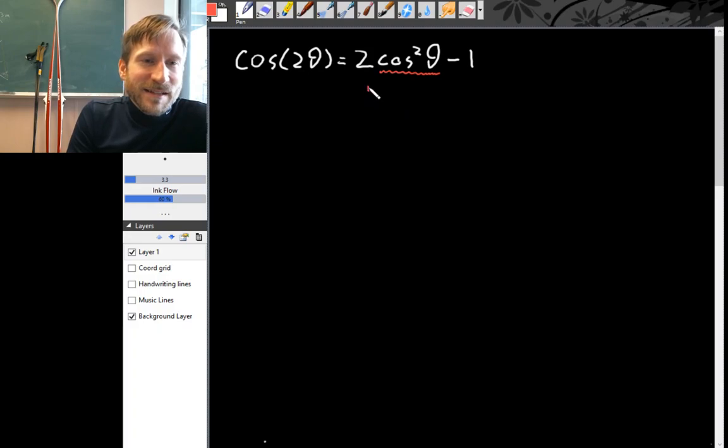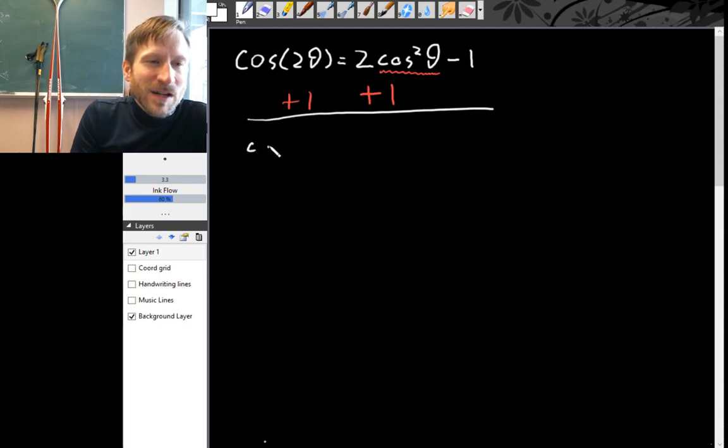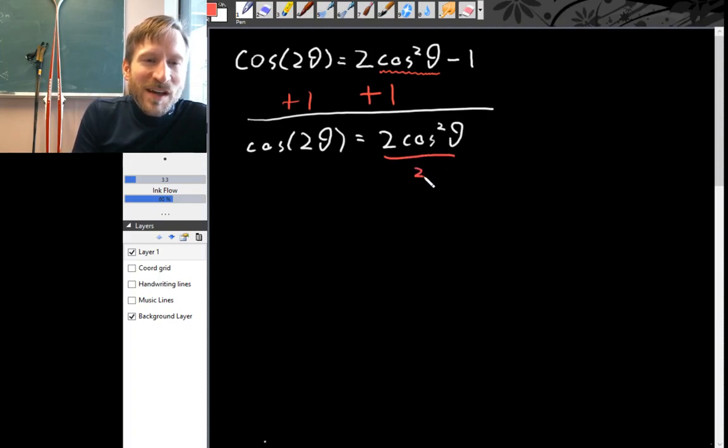So let's see, start by adding 1 to both sides. We get cosine 2 theta plus 1 equals 2 times cosine squared theta, and then divide both sides by 2. I forgot my plus 1 here. I need to squeeze a plus 1 in there.